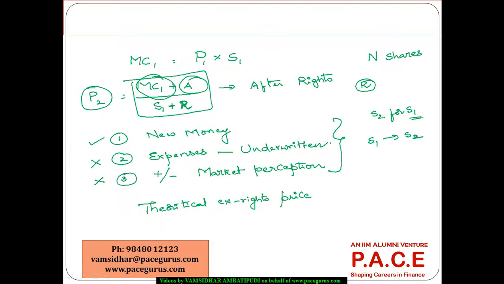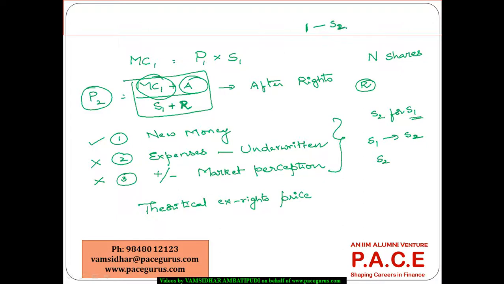So overall, new shares for S1 shares, let's say I'm getting some S2 shares, all I can talk about is the number of new shares that are coming up is S2.